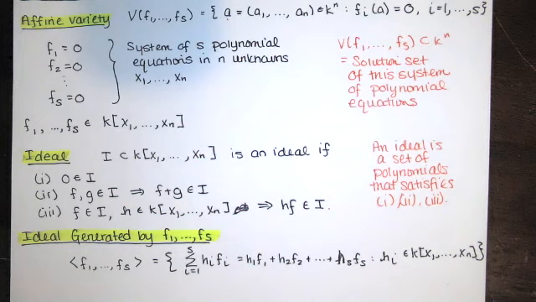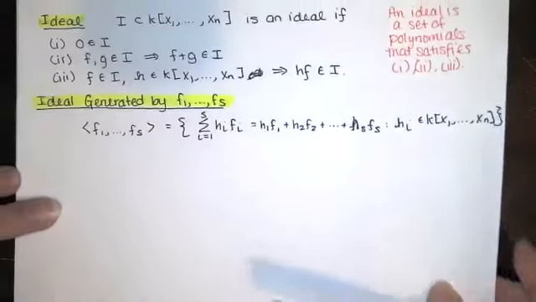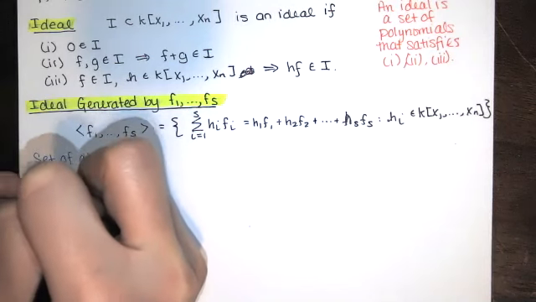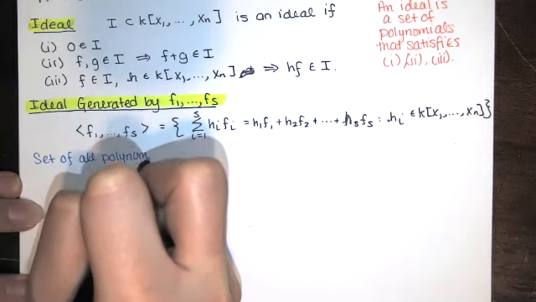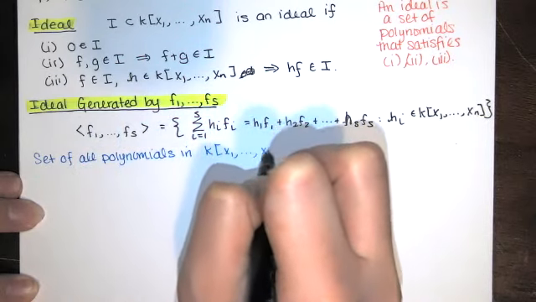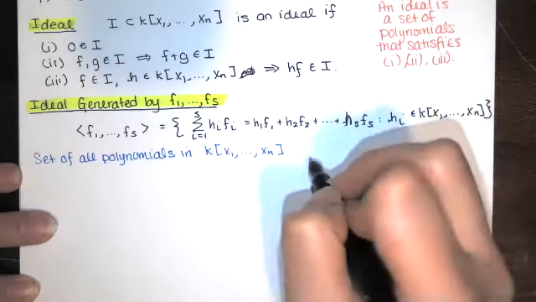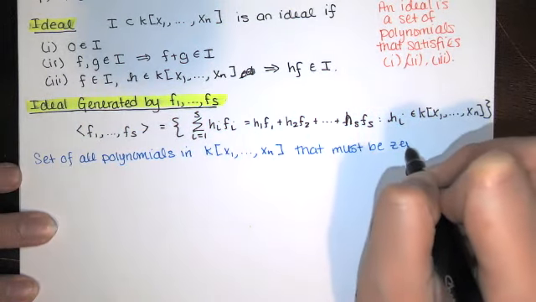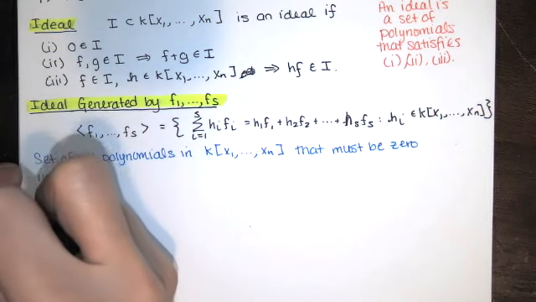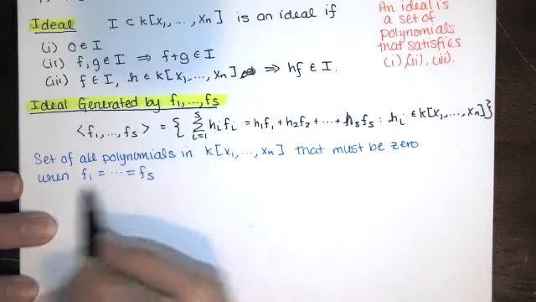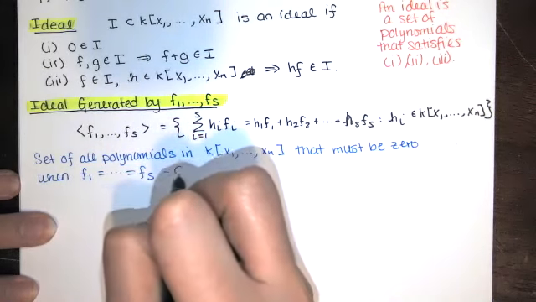So the ideal generated by f sub 1 through f sub s is the set of all polynomials in that polynomial ring with coefficients in the field k that must be 0 when the original defining functions, the generating functions of that ideal, are equal to 0.